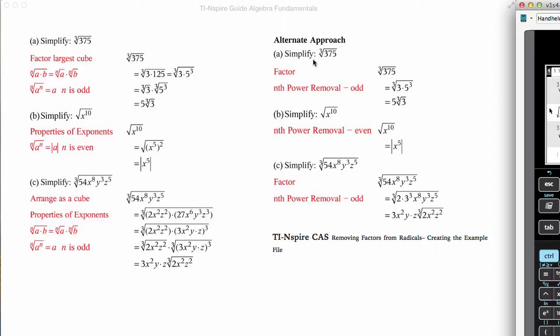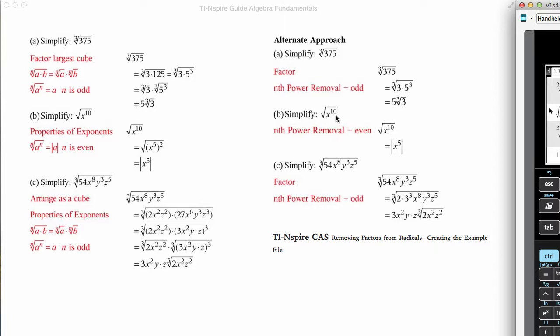The alternate approach in here: since 3 doesn't divide into the 1, it just gets left. 3 goes into this 3 once with no remainder, so this would be 5 to the 0 power, and anything to the 0 power is 1. This particular one, 2 goes into 10 5 times.